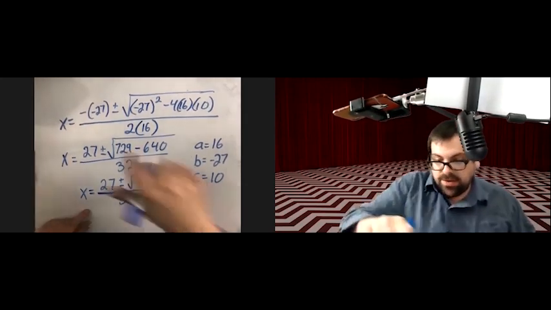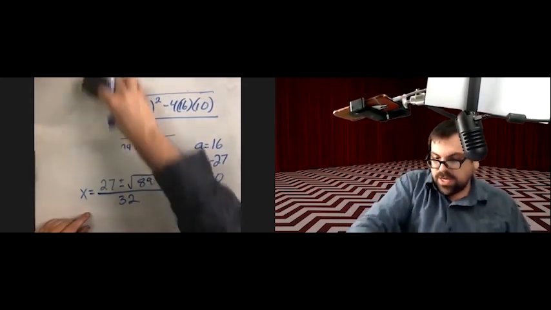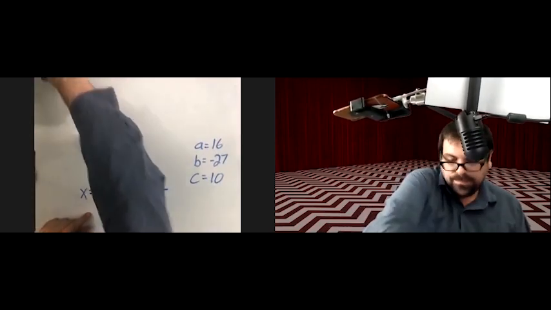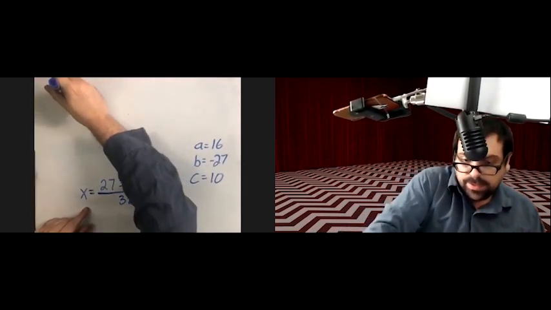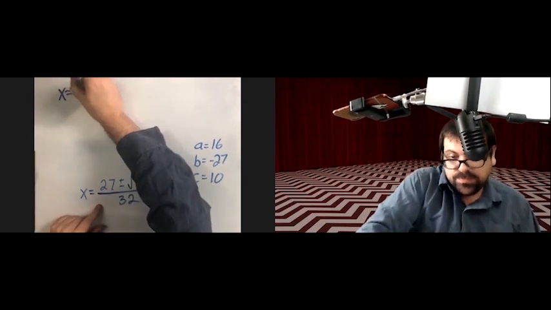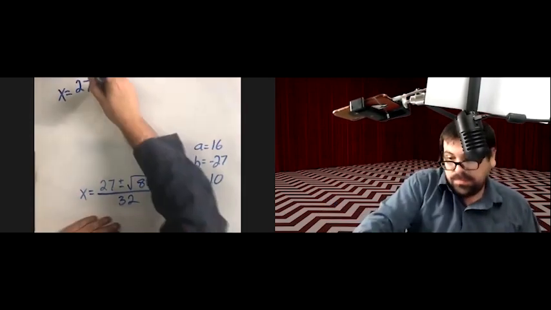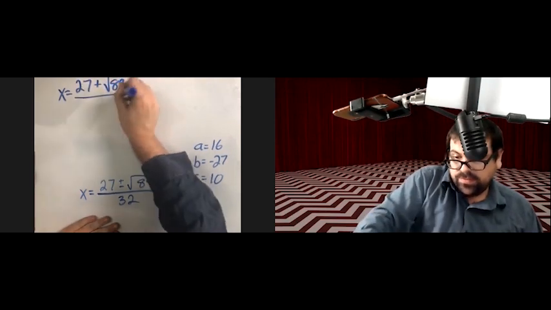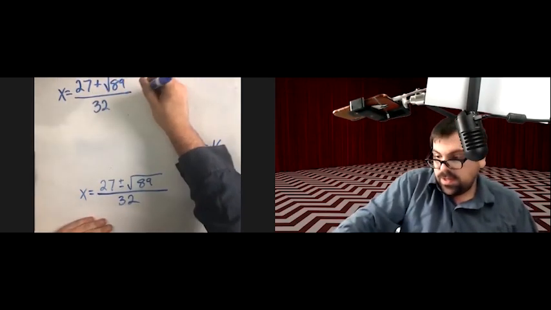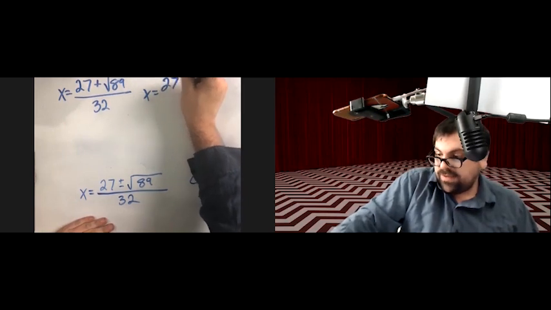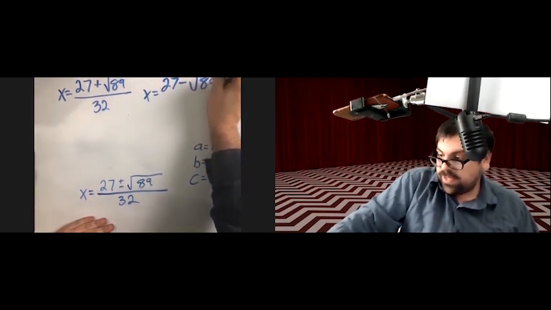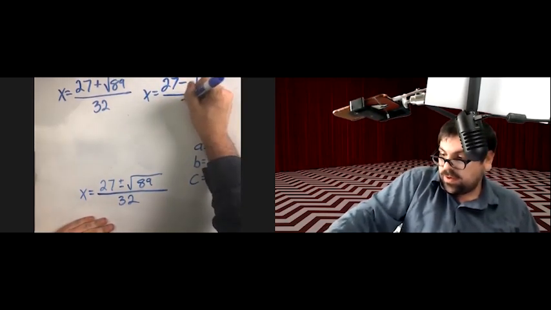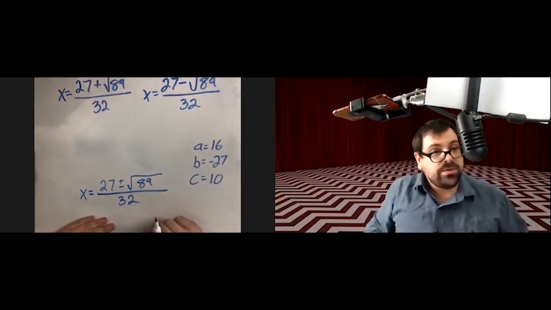I'm going to write this out as its two answers up top. x equals 27 plus radical 89 over 32. x equals 27 minus radical 89 all over 32.